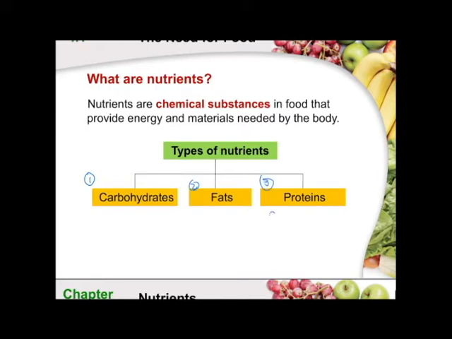For proteins, there is actually an amino acid table online that you can go and look for. There are quite a few of them. Just imagine that proteins are molecules of amino acids joined together, and they are not usually in a straight line, or linear, as we call it. They are usually clumped up together.